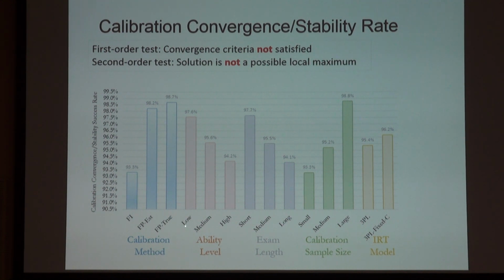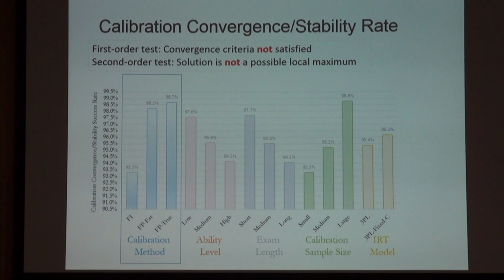Then for ability level, we have low, medium, and high, with the low ability group having the closest distance to the item pool difficulty. Then exam length: short, medium, long, and finally sample size and IRT model. The vertical scale is the calibration convergence and stability success rate. The higher, the better.